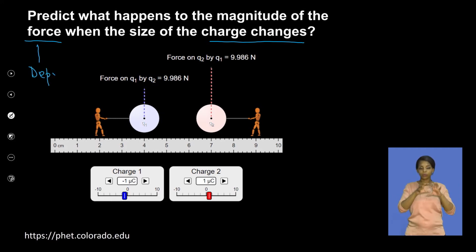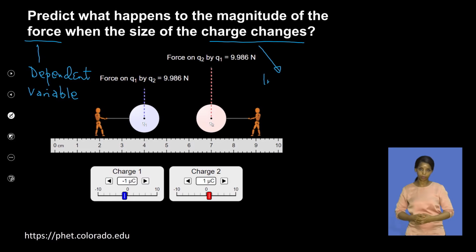We've already spoken about the dependent variable. We want to see how the magnitude of the electrostatic force is affected by changing the charge. So the charge of one of the two charges is going to be changed. This charge which we change or manipulate is our independent variable.